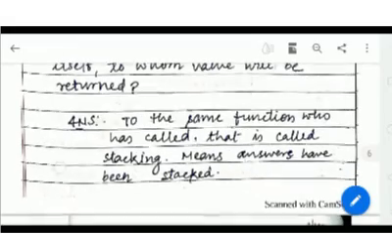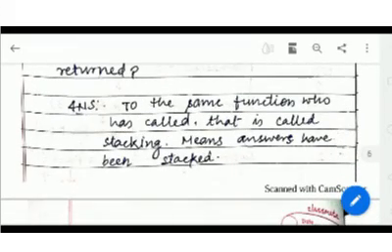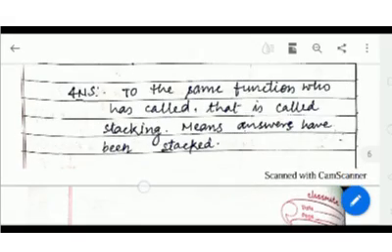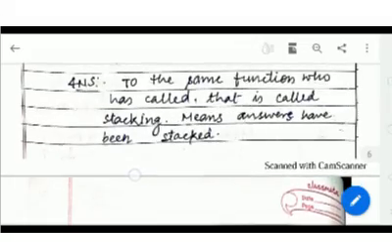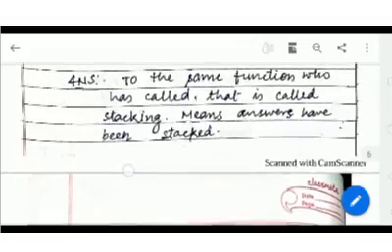The answer is to the same function which has called it, and that is called stacking. It means answers have been stacked. So the same function is calling the function itself, and it is storing the answers as well.